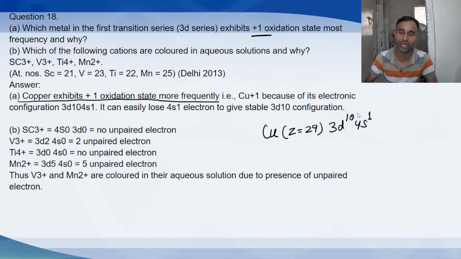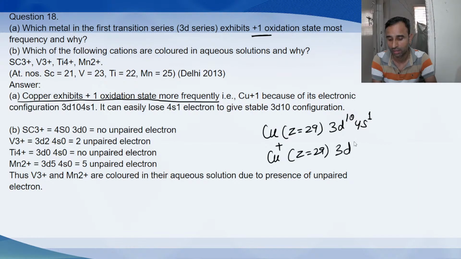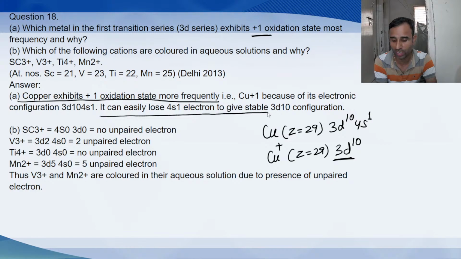It has an exceptional electronic configuration due to the fully filled d orbital. So after losing one electron, it acquires a fully filled d orbital, and that's why it can easily lose the 4s1 electron to give the stable 3d10 configuration, pseudo noble gas configuration.